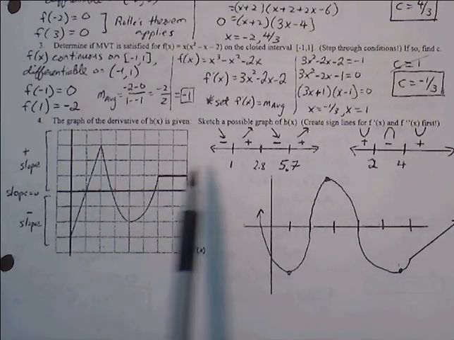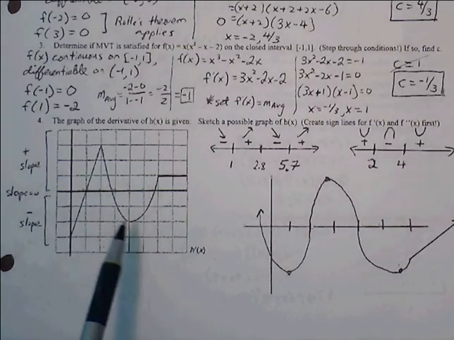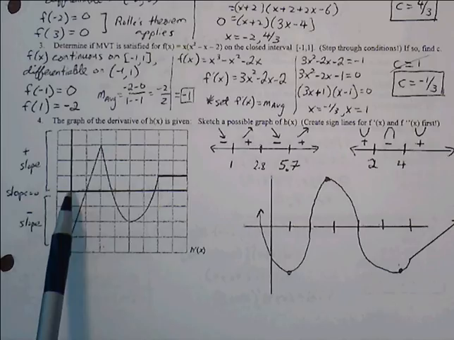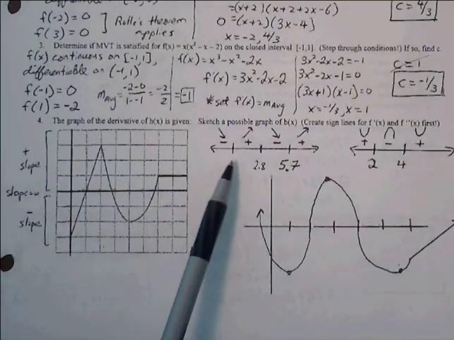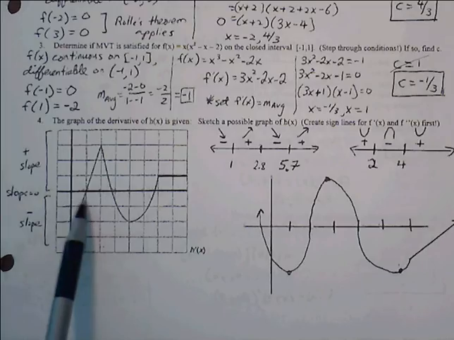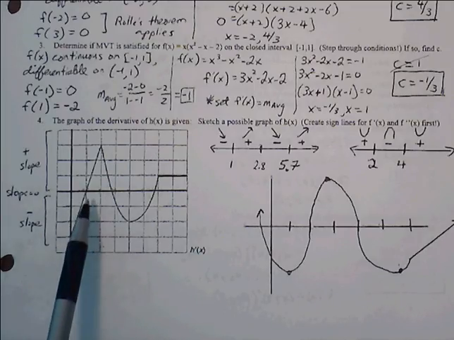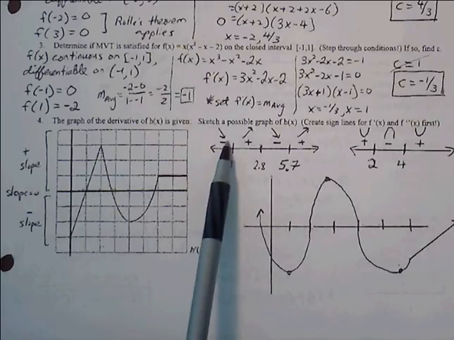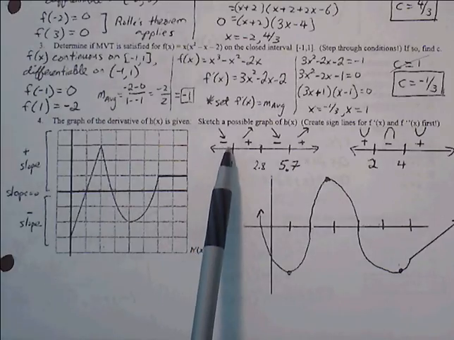Now if I create my slope sign line, I can just look at the behavior of the slope, or the behavior of the ordered pairs, on either side of the x-axis. So to the left of 1, all these points are below the x-axis, so that tells us that the original graph has a negative slope. I'm going to provide this arrow symbol to give me a visual as to what the original graph looks like.